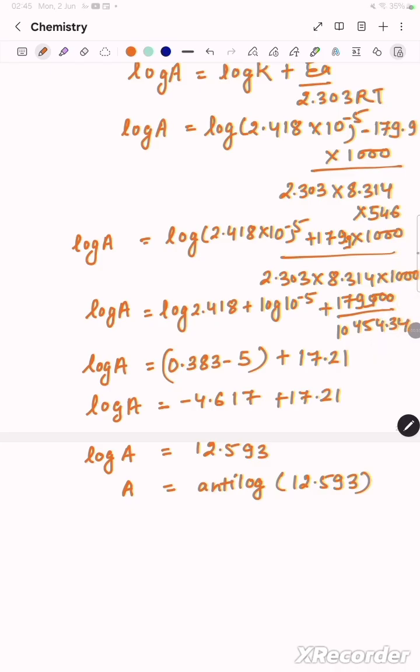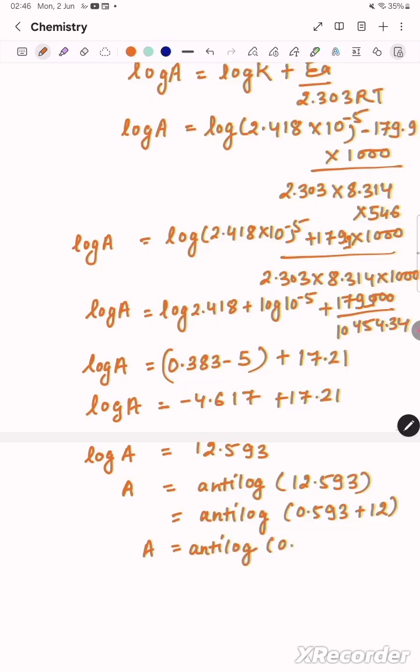Now how do we calculate? We take antilog of 0.593 plus 12. For simplification, A is equal to antilog 0.593 multiplied by 10 to the power 12.